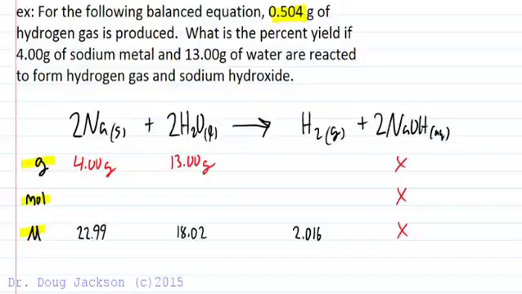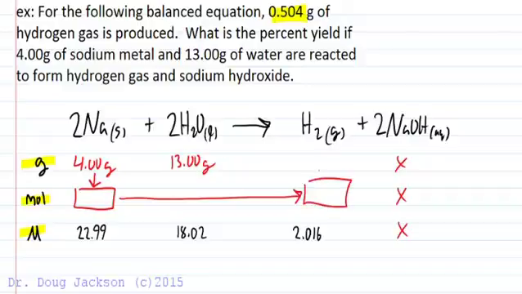So what do we have to do? Well, we can never compare grams to grams, so we've got to convert to moles and then use the mole ratio from the balanced equation to convert to moles of hydrogen gas, and then eventually to grams of hydrogen gas. Okay, and because we're given 2 sets of information, we also have to calculate what the theoretical yield would be if H2O is our limiting reagent.